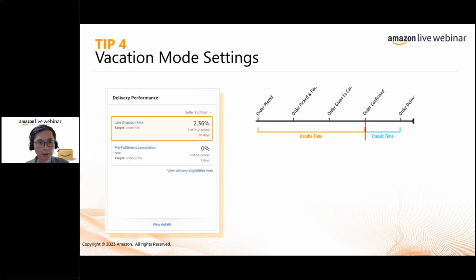Another tip: there's this thing called vacation mode setting. Some of you or some sellers may be going on a holiday or something, or there's nobody to manage your sales. You can actually use this vacation mode so that your orders and your dispatch rate won't be affected.